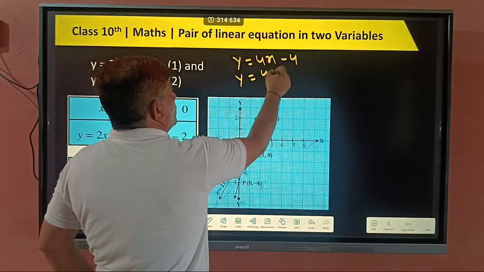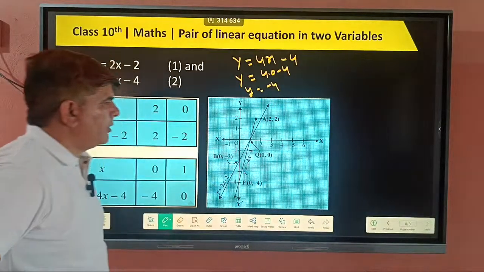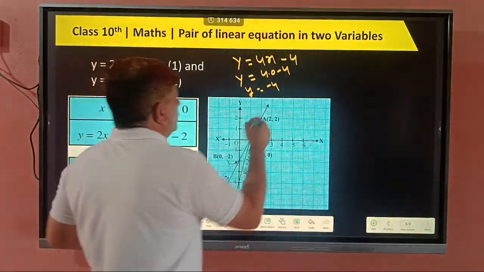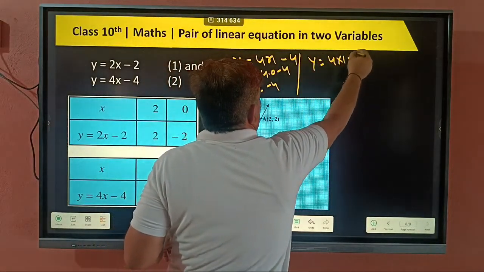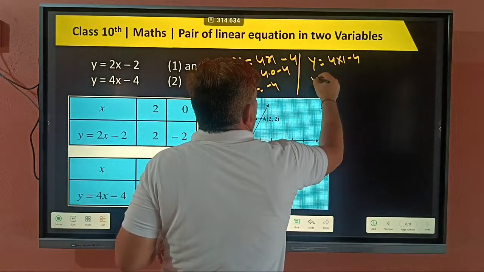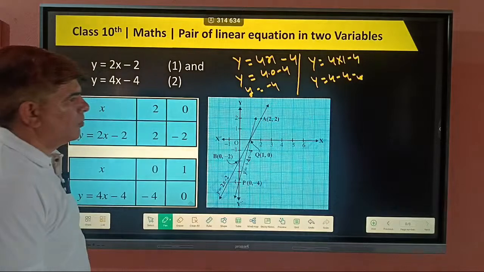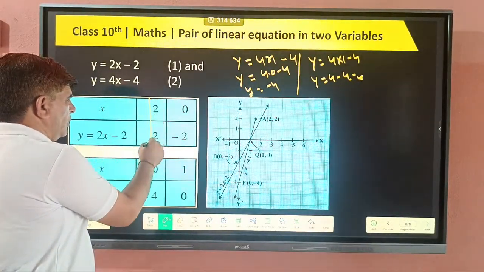So 4 times 0 minus 4, y becomes minus 4. And when we take x equal to 1, 4 into 1 minus 4, so y equals 4 minus 4, 0. y becomes 0. Understood? The same values here, you can find one more value, it's better.